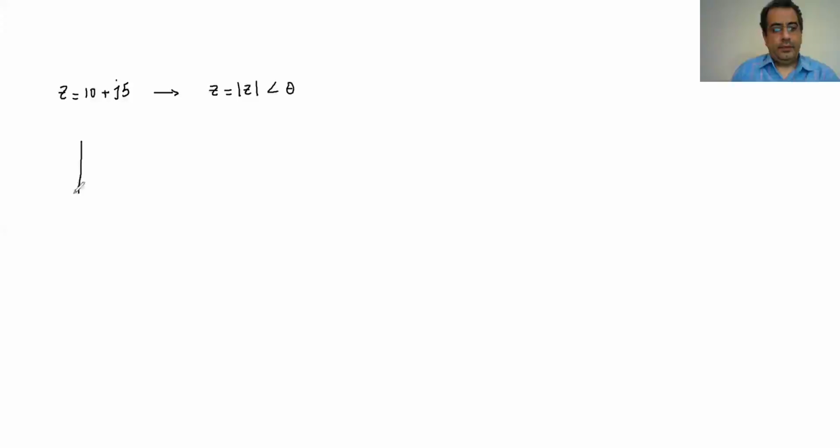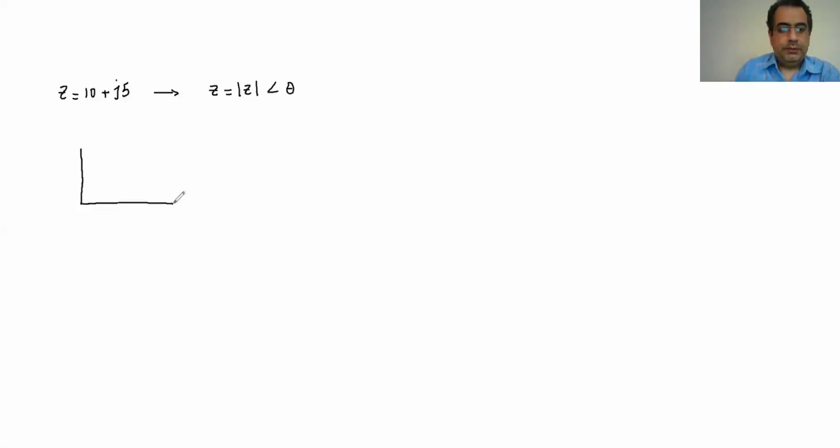Similar to that, you can do it the other way as well. Assume as another example that z is 10 plus j5, and I want to convert that to the polar format, the magnitude of z with angle of theta. Again, as I said, it's much easier to draw them and look at that visually.